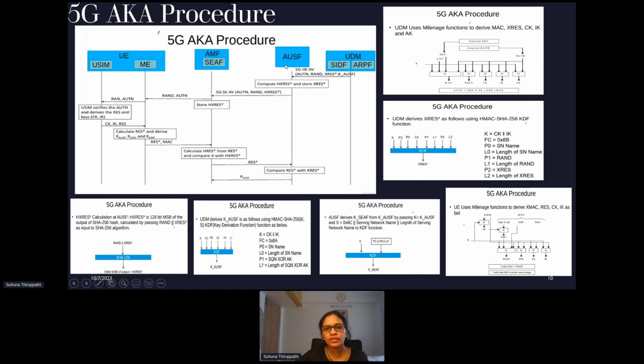AUSF stored RES*, so both would be compared, and it generates KSEAF keys. So this is how all the keys have been generated, and using the public key encryption algorithm, these keys are being used for ciphering and encryption.